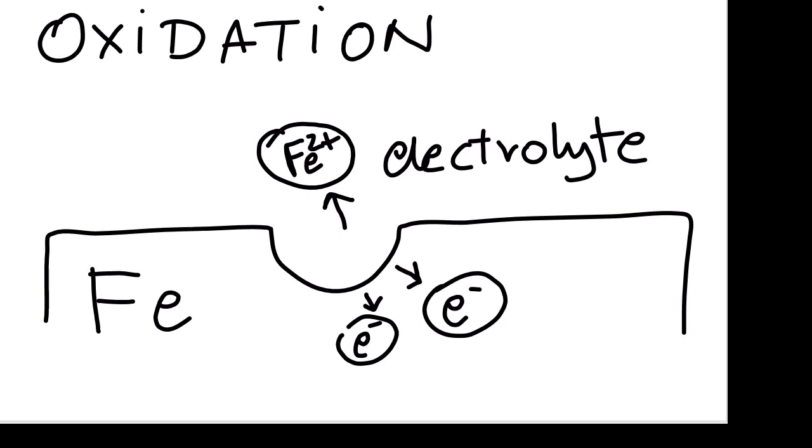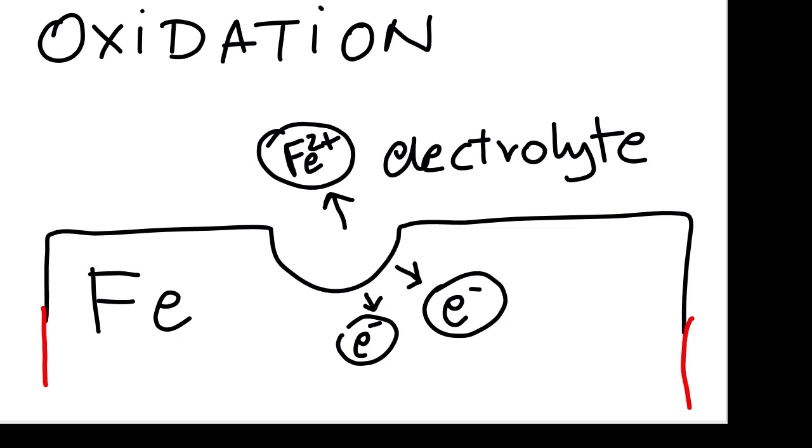On this page you have the scheme of the oxidation reaction of the metallic iron to the cation form. As you can see, here we have a metallic bar of iron, and this iron is immersed in the electrolyte.